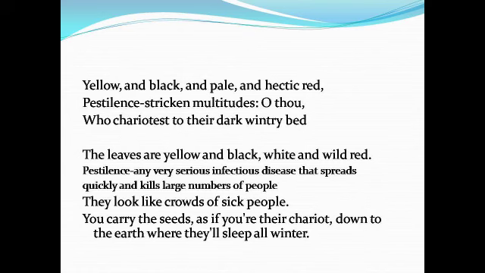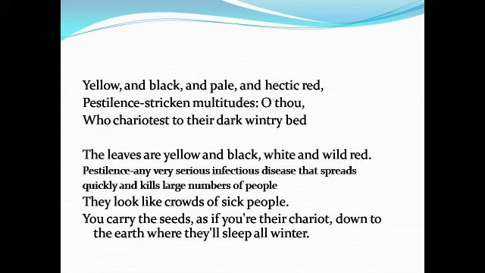Yellow and black and pale and hectic red, pestilence-stricken multitudes, O thou who chariotest to their dark wintry bed. The leaves are yellow and black, pale and hectic red. Pestilence, the word means any very serious infectious disease that spreads quickly and kills large numbers of people.